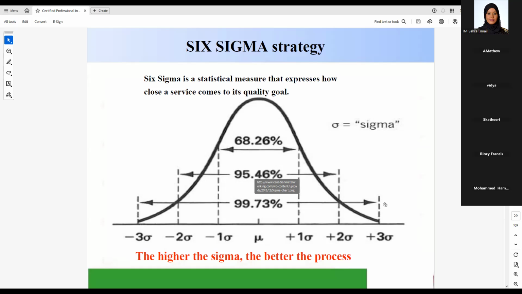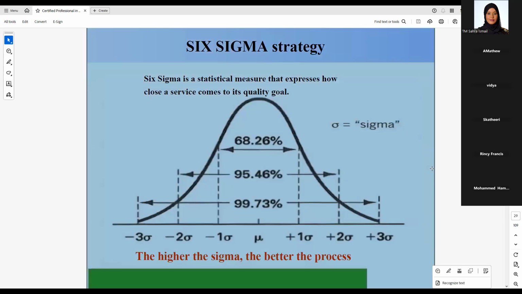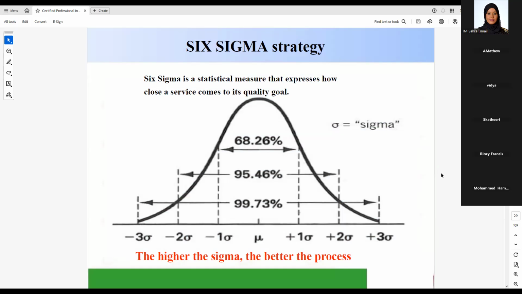So the more the sigma, the better. And that's why the name of the methodology is actually the 6 sigma and not 1 sigma or 2 sigma or 3 sigma. Okay. So the higher the sigma, the better the process.